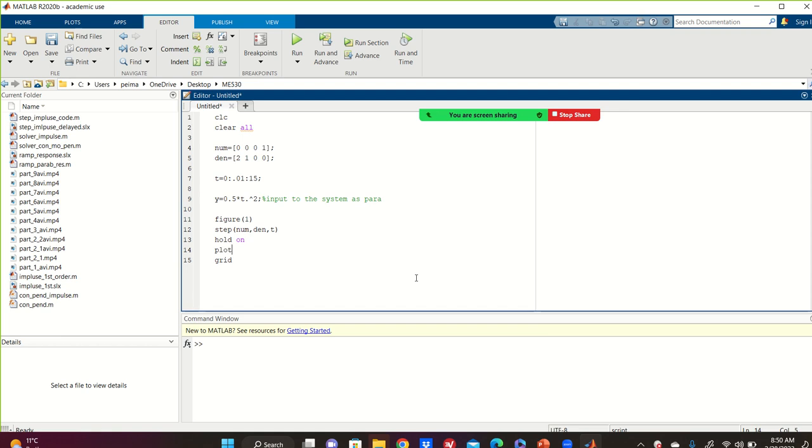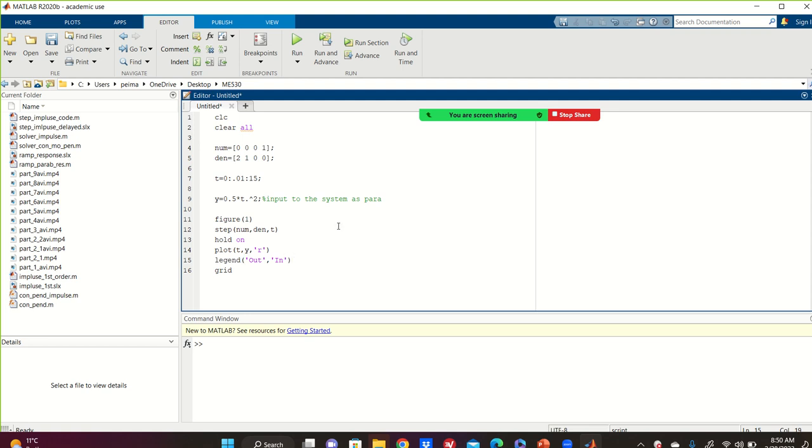Now I'm going to plot time and input, and say red. And then I'm going to put legend: output, input.